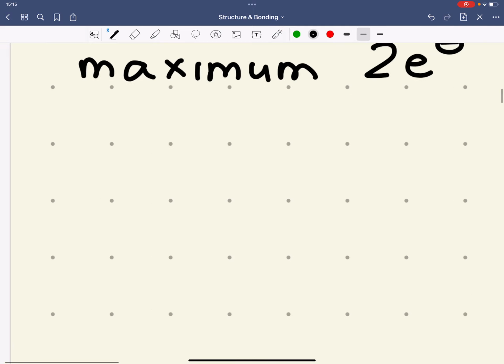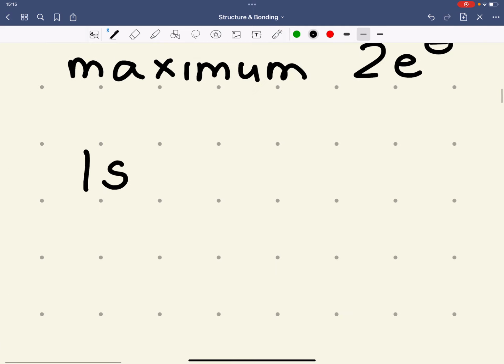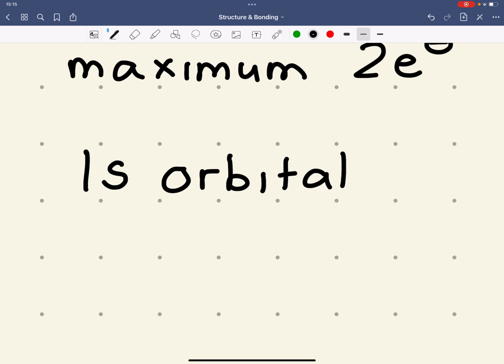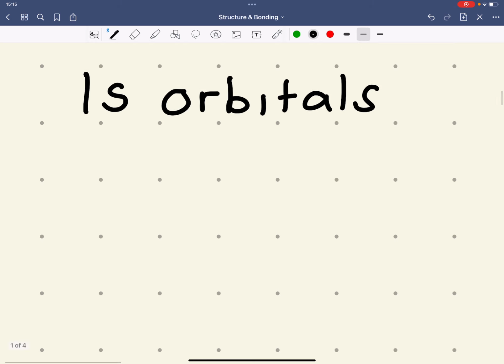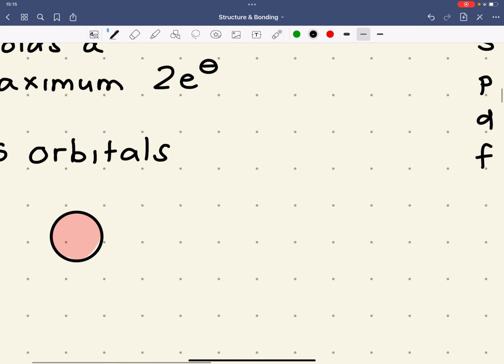So for example, a 1s orbital. s orbitals are always spherical. So a 1s orbital, for example, would be a spherical shape like so. Now a 2s orbital.